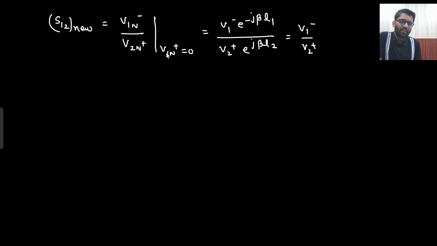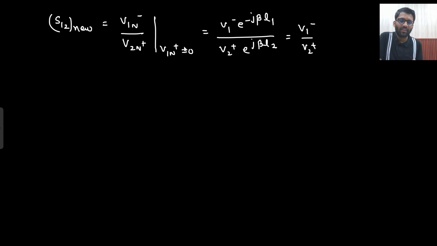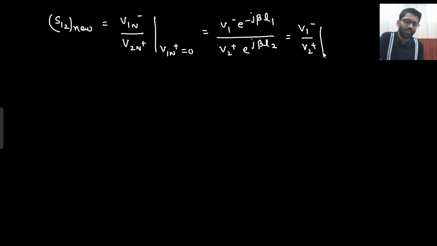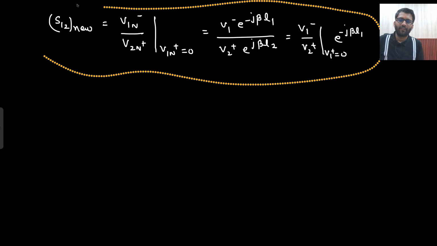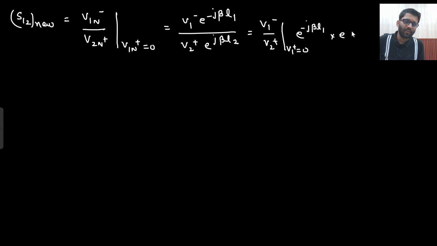So you let me know one thing. If V1 n plus is equals to 0, that means certainly V1 plus is also equals to 0. And this we are getting minus j beta L1 and j beta L2 also goes upward into minus j beta L2.